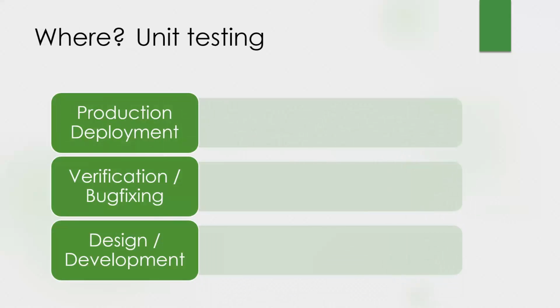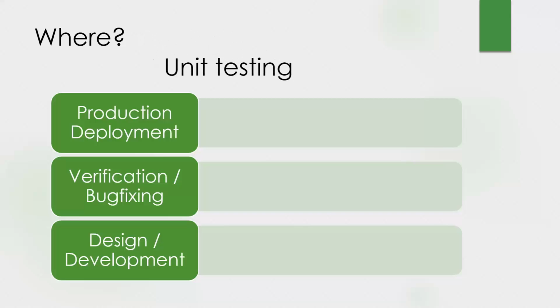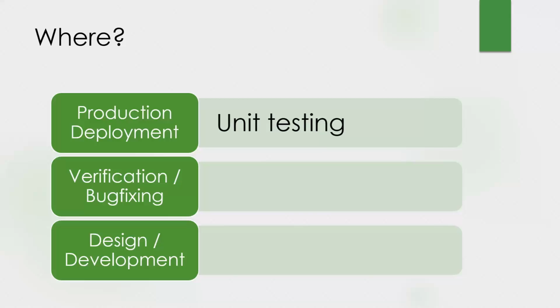So when we know the definition, let's think about where to put unit testing into the phases of the lifetime of your application. Here I've put three boxes. First of all, the design and development phase, then the verification and bug fixing, and the last one is production deployment. So let's think about where to put unit testing. Production deployment? No, it's a bit late to run unit tests and think about testing when we are already in production.